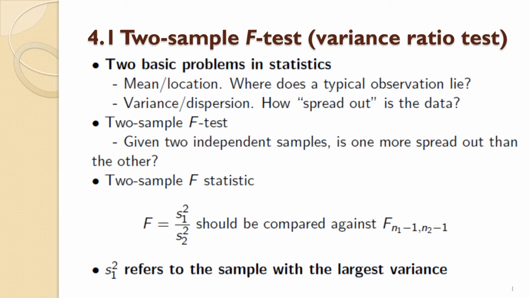The first degree of freedom goes with the degrees of freedom associated with the variance estimate in the top half. This is just the number in the sample minus 1. The second degree of freedom is again the number in the sample minus 1. Sometimes, depending on which statistical tables you've got, you might need that refers to the sample with the largest variance.